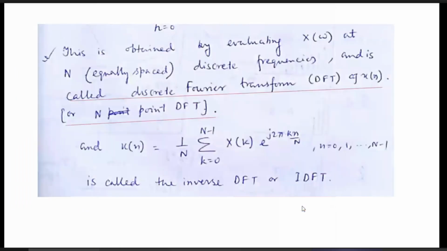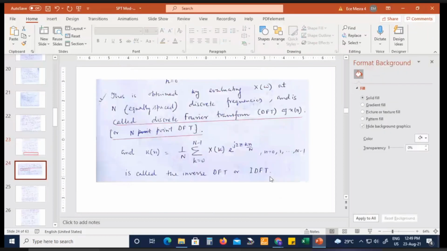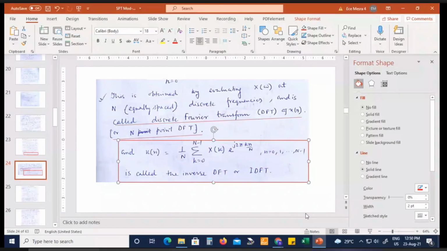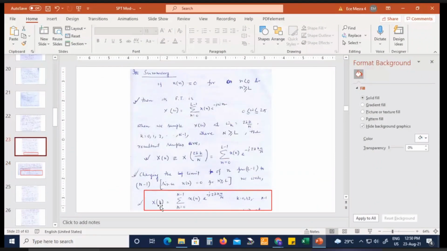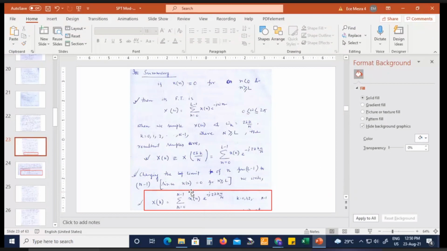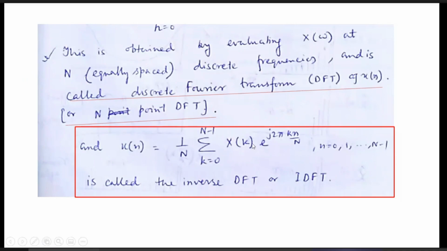And the formula for IDFT, that is the inverse Fourier transform, is this one. If X of k is the DFT representation of x of n, and you know X of k, then you can find the inverse DFT, as x of n.